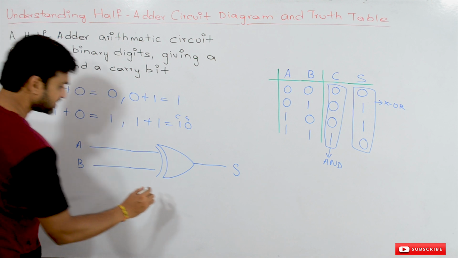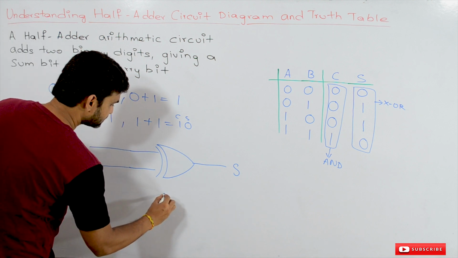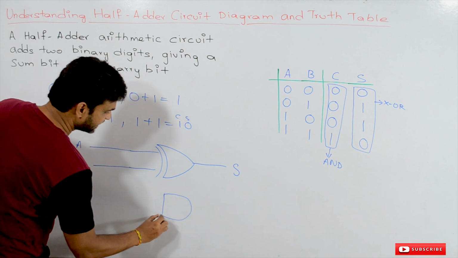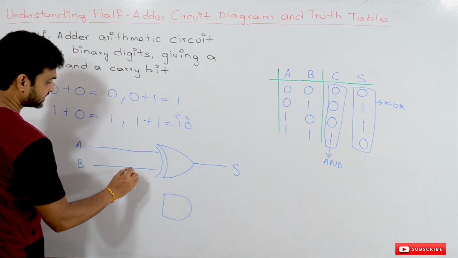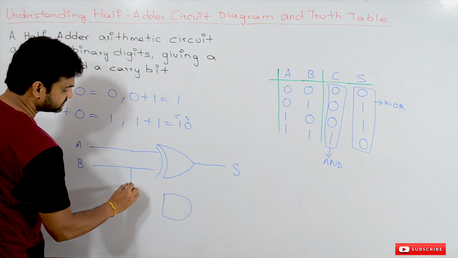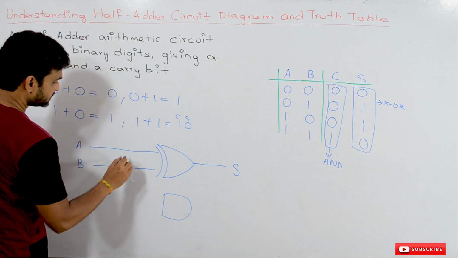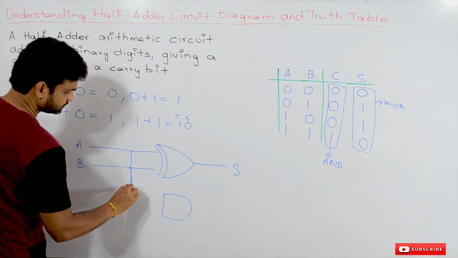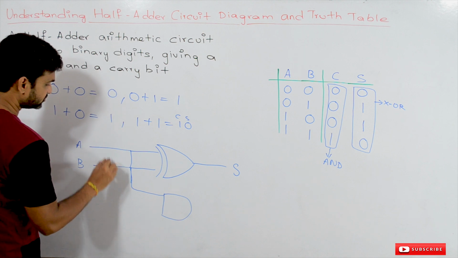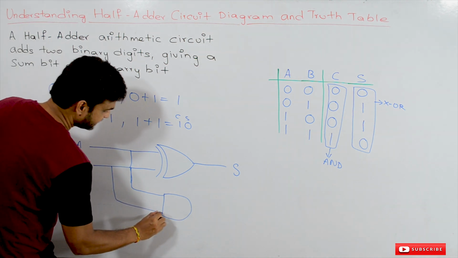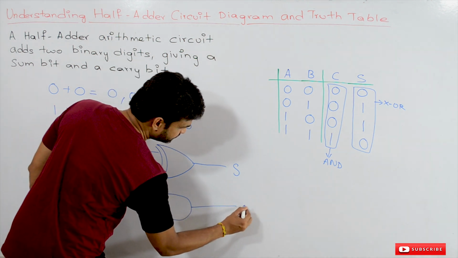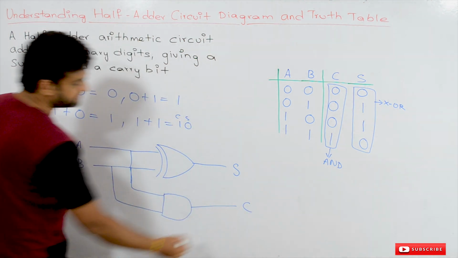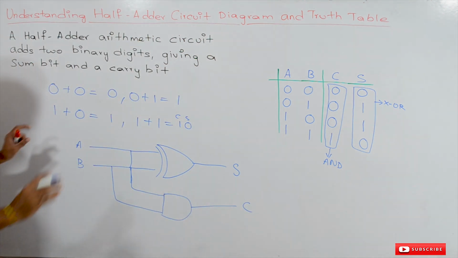The output that is going to be produced here is sum. And the carry values are produced by the AND gate. So the output produced by the AND gate is going to be the carry value. What does this mean?